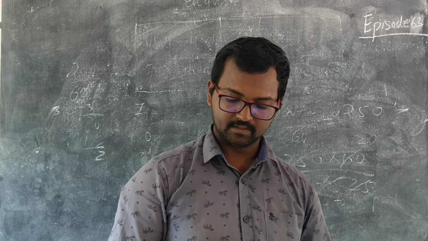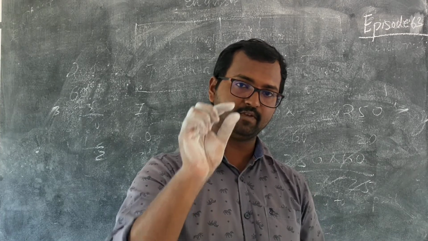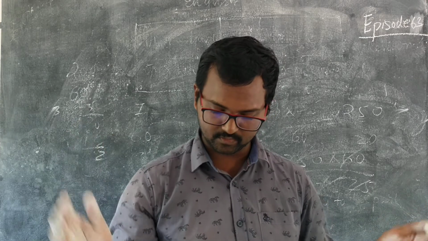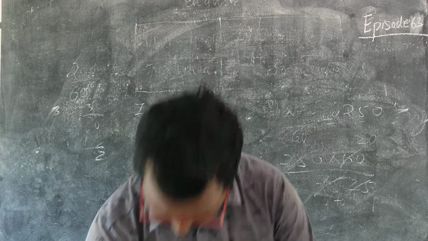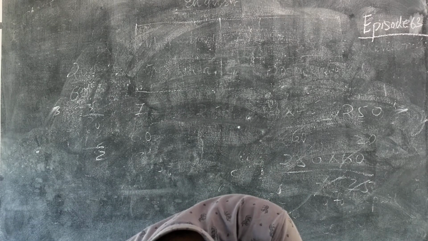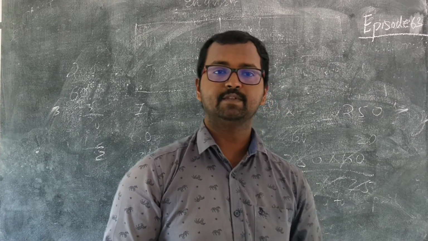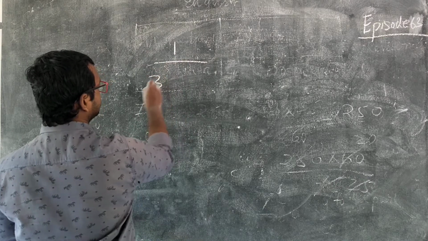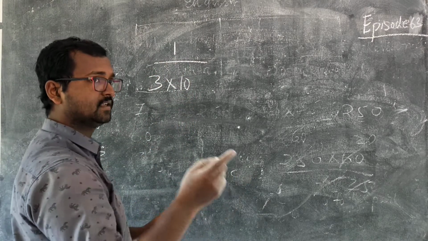One scale means 1 centimeter on the map, if the distance is 1 centimeter apart, is equal to 3 crores. And similarly, 4 centimeters is how much? This is the question. So 1 centimeter represents 3 into 10 to the power 7 in standard form, since 3 crores has 7 zeros.